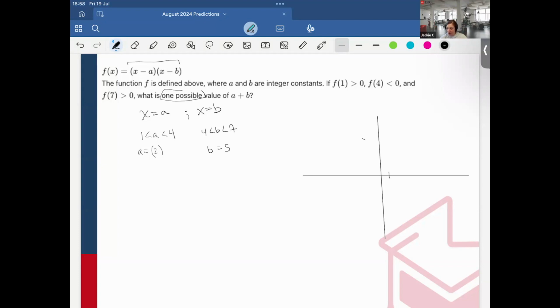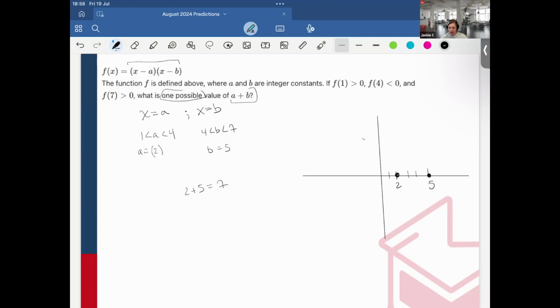Okay, so that's one of the x-intercepts. So I'm gonna put that here at 2. And then the other one, 3, 4, 5, the other one here at 5. Okay, so I have my x-intercepts plotted, and I'm just basically asked what the possibilities of a plus b would be equal to. Well, one of them could be 2 plus 5, which is 7.